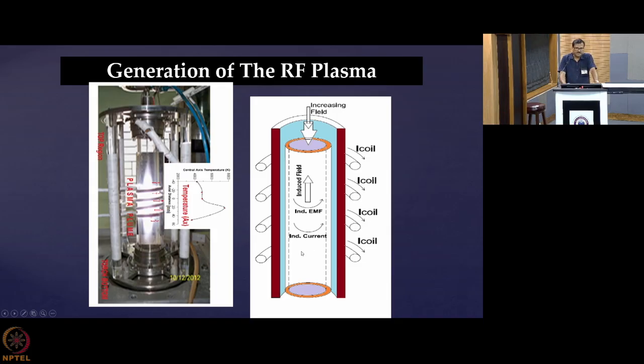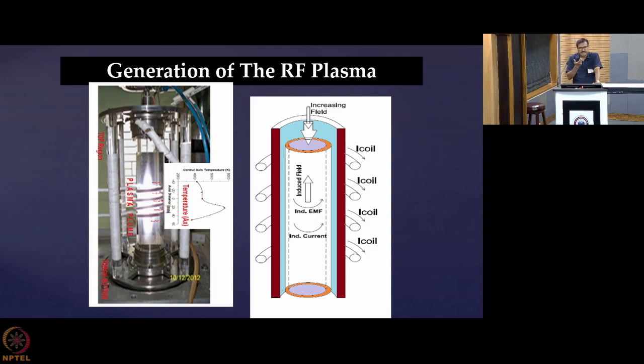Because of this configuration, the magnetic field is axial, and that axial magnetic field is changing. So del B del T is in this direction. So curl of E equals minus del B del T, which you get from Maxwell's equation. That tells you that the electric field so generated will be in the azimuthal direction.